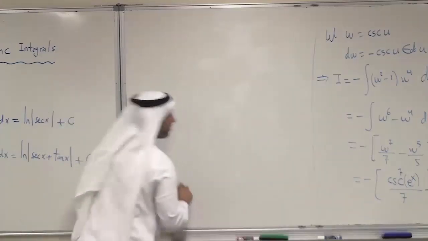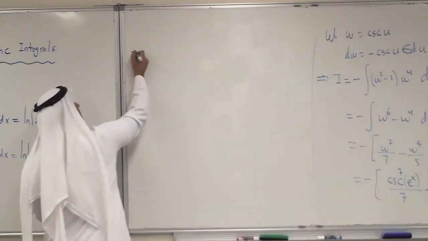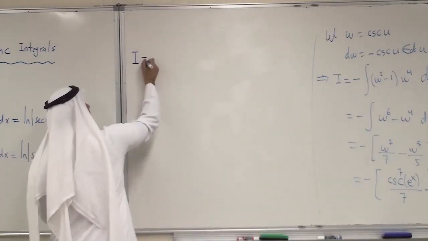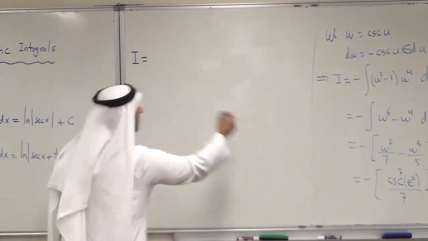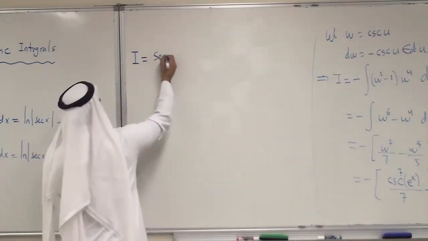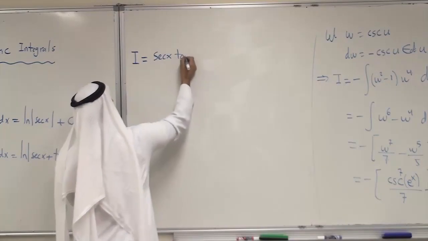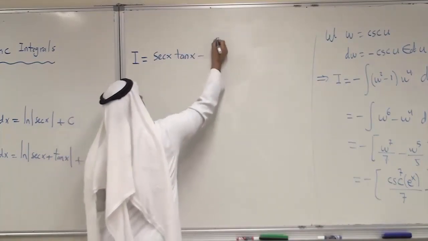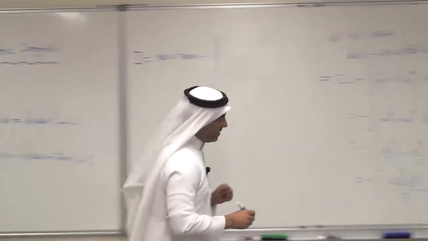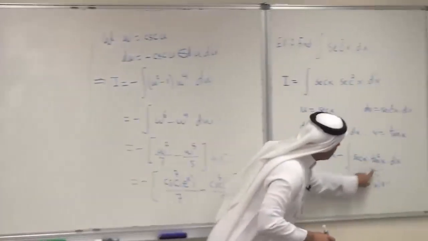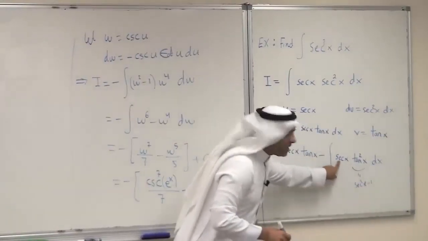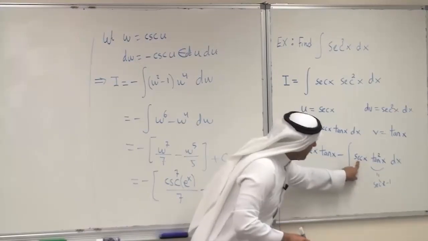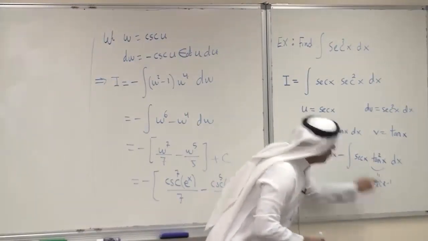Look. You have your I, your integral is, according to the integration by parts formula, secant of x tangent of x, minus integral of, look. If you replace tangent squared by secant squared minus 1, and you multiply by secant, you get secant times secant squared, that is secant cubed.